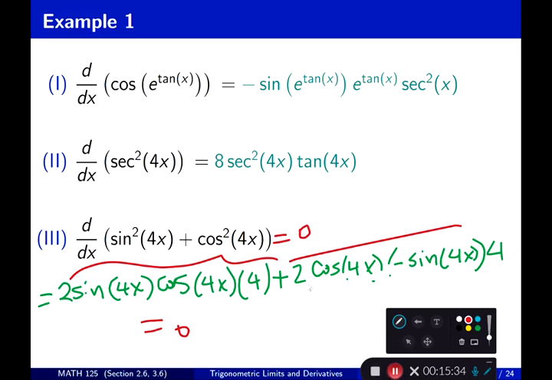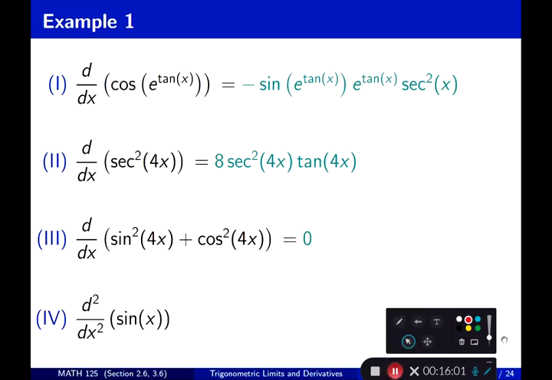Of course, the Pythagorean theorem is the best, but I did this part so you can practice a little bit with derivatives of trigonometric functions. By the way, a lot of times in our course, you see derivatives of trigonometric functions that can be simplified using the trig identities.